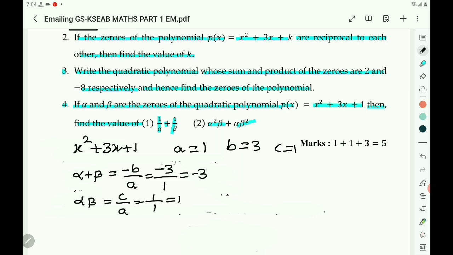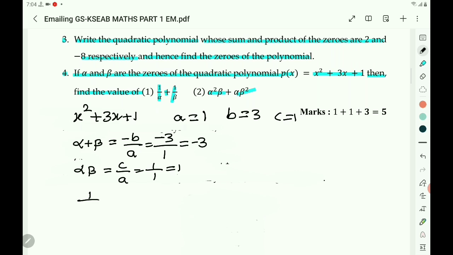Now you take this one, 1 by alpha plus 1 by beta. In the denominator, take the LCM of alpha and beta. LCM of alpha and beta is the product of alpha and beta, that is alpha beta.